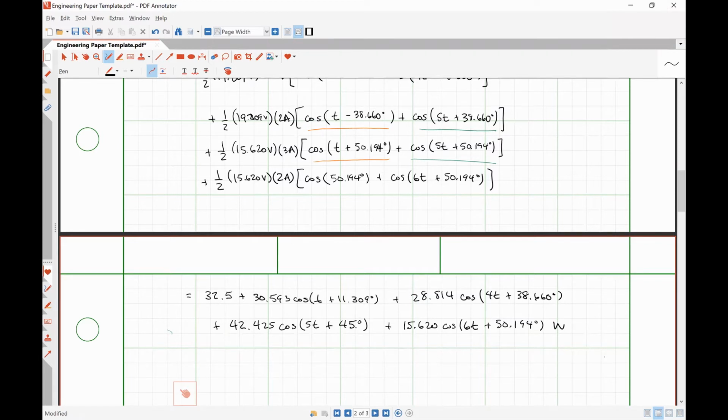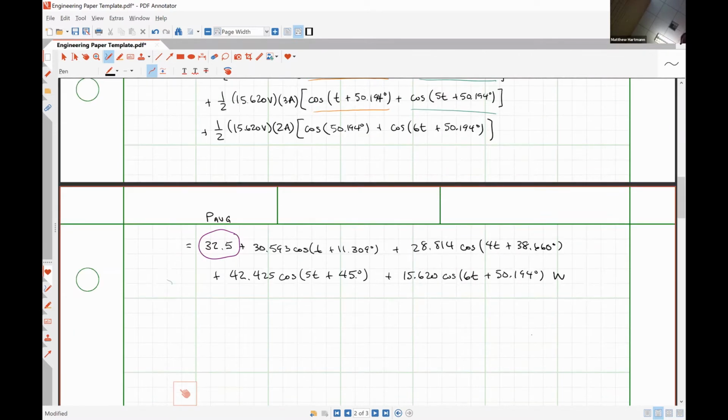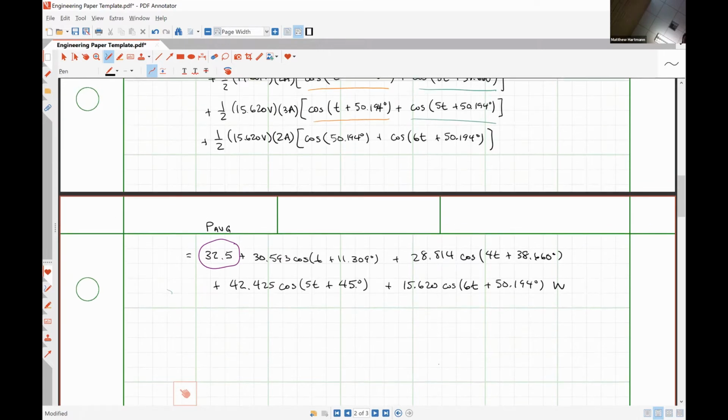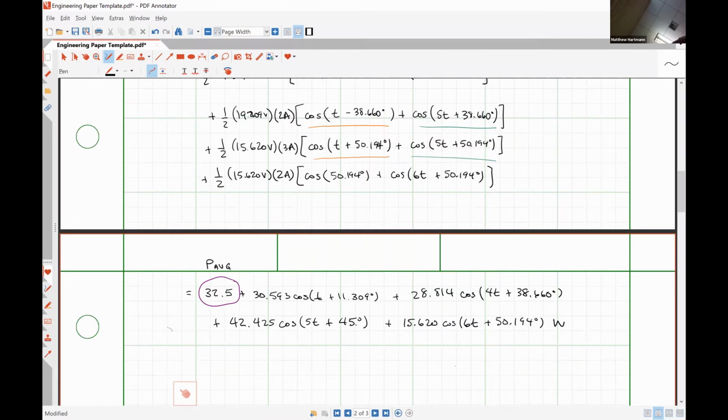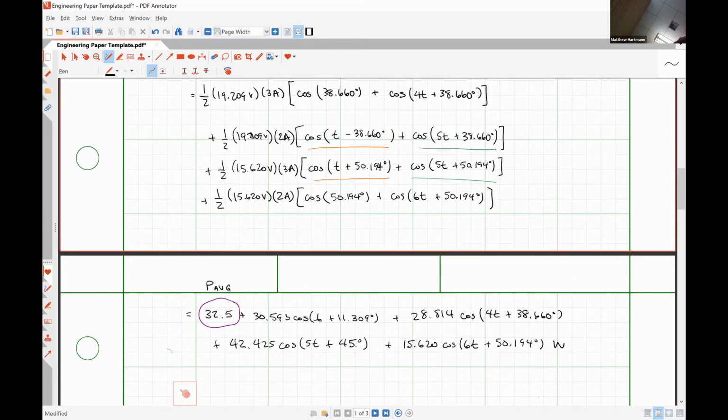The DC component. Yeah, the DC component, 32.5 watts, right? So this guy right here is P average. What's interesting to me is that P average can be determined effectively by doing superposition.